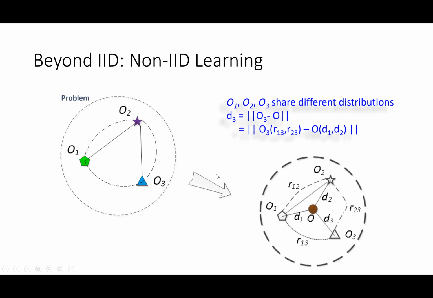And we assume we have to respect the non-IIDness here. Then the learning problem is how can we model the target heterogeneity, right? So we want to respect the heterogeneity here.